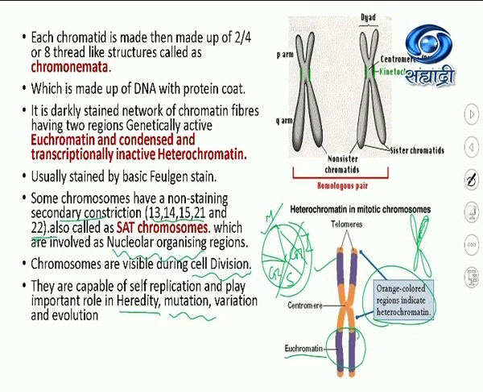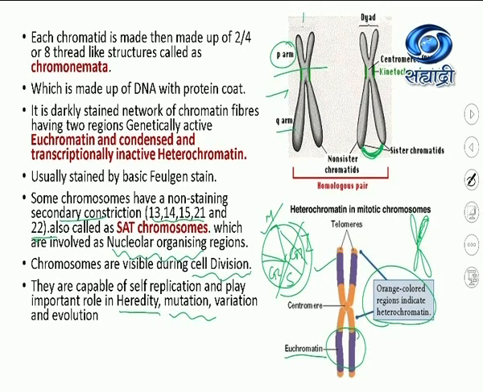One more thing I would like to tell: in this structure of the chromosome, the upper part is sometimes called the P arm, which is present above the centromere, and the lower is called the Q arm. These two branches, or two chromatids, present in the same chromosome are sister chromatids.